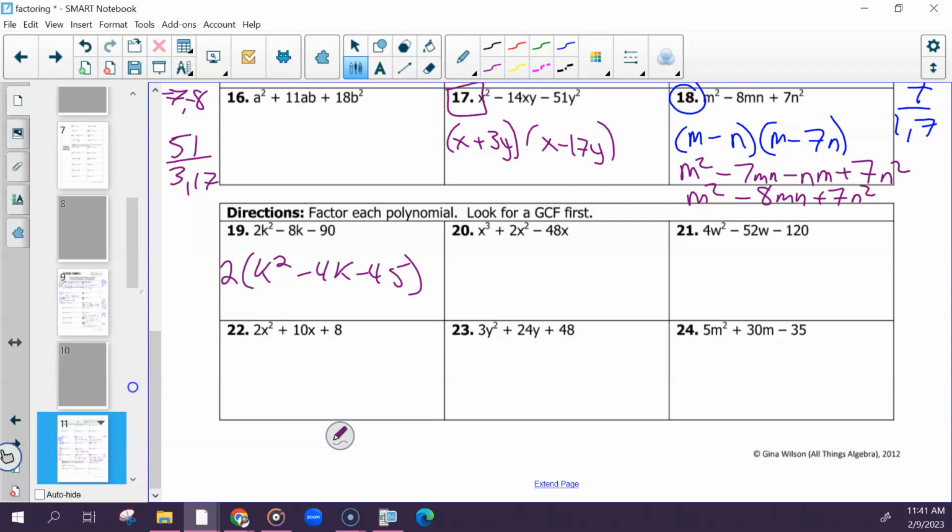Then you would just focus on the inside and do the same thing we've been doing. Find factors of 45. And of those two factors, because this is negative, one of them has to be negative. So find factors of 45, make one of them negative, and see which ones would add together to give you negative 4.